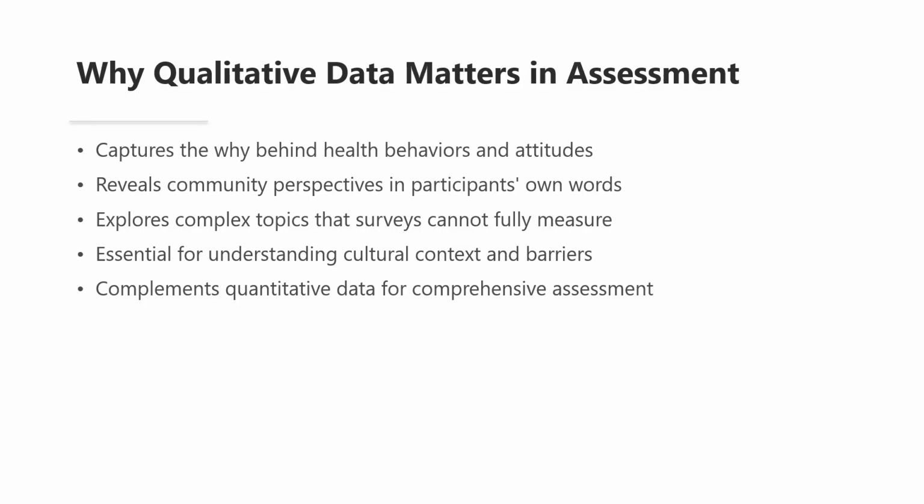Qualitative methods can reveal that people feel unsafe walking in their neighborhoods, that working parents cannot find time for exercise, that cultural norms discourage certain types of physical activity for women, or that community members do not see physical activity as a priority compared to more pressing economic concerns. These insights are essential for designing programs that actually address the real barriers people face.